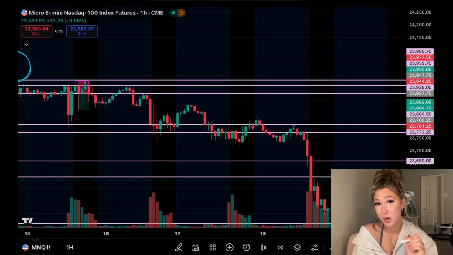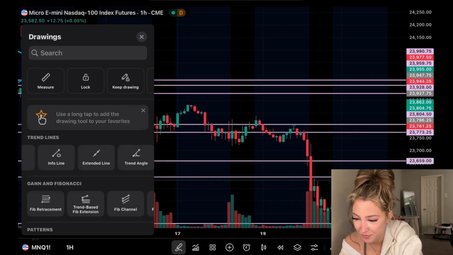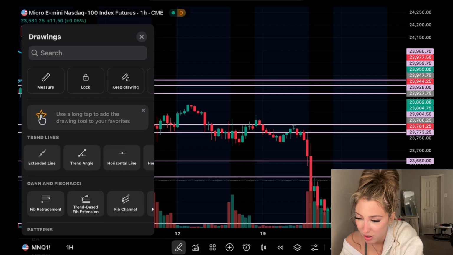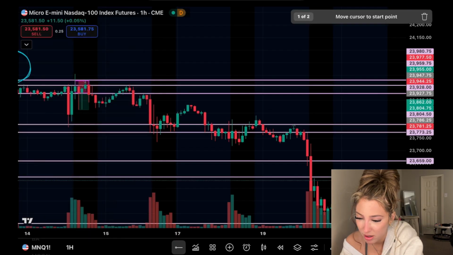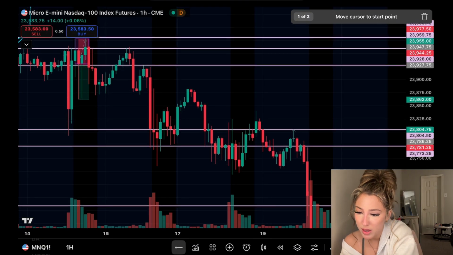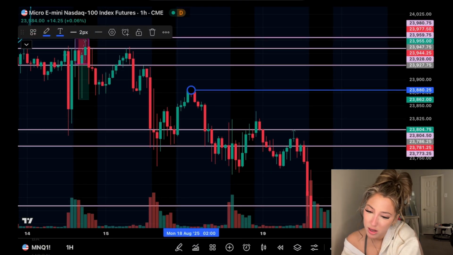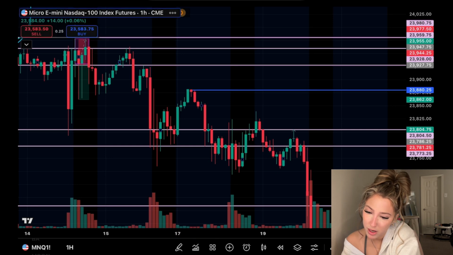This is going to be liquidity points for the day. We're going to have reactions here every single time. Okay, so this would be a high. This would be a high.